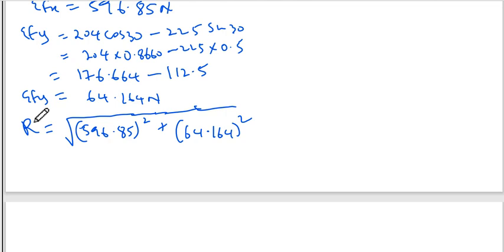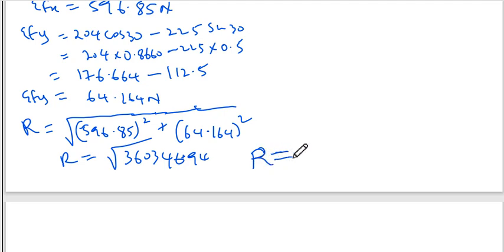When we square it and add, we have the square root of 360,346.94. So our resultant force here becomes 600.289 newtons. So R is equal to 600 newtons to the nearest newton.